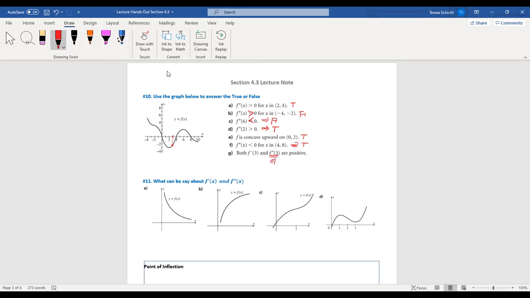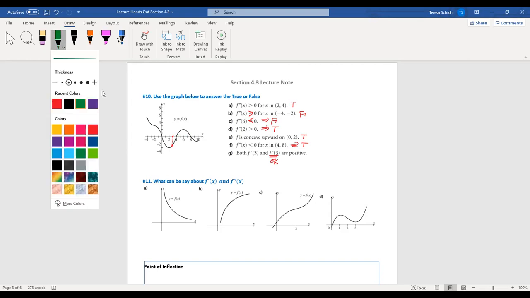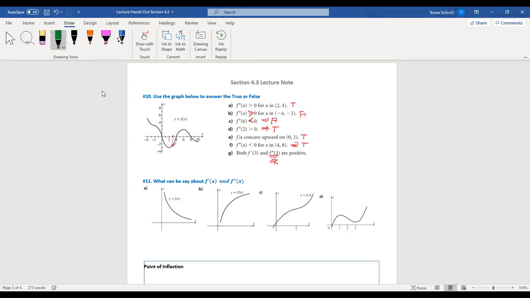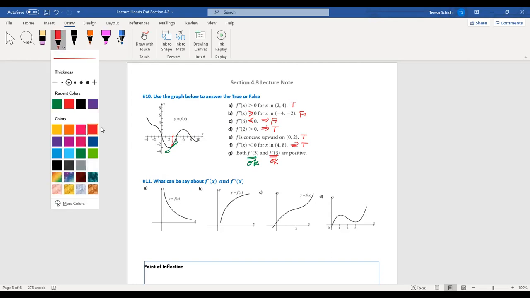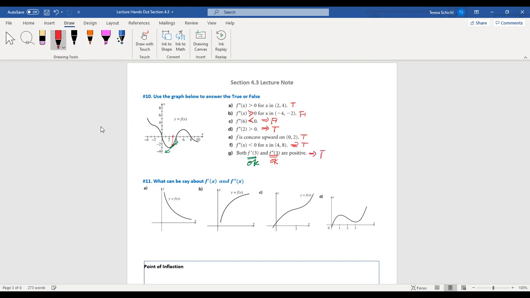So this is okay, right? Now I want to see the first derivative. Remember, what is the first derivative? It's the tangent lines, right? So here is my tangent. This tangent line is increasing, so f prime of x is going to be greater than 0. Is that true or false? That's true. So both are okay, and this is true.